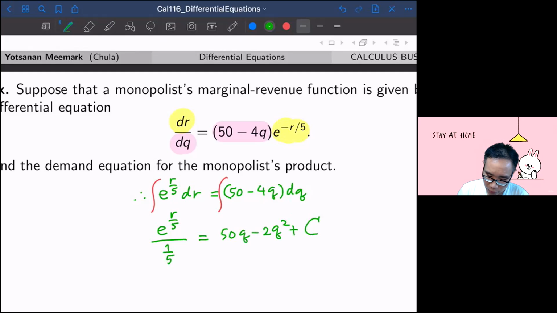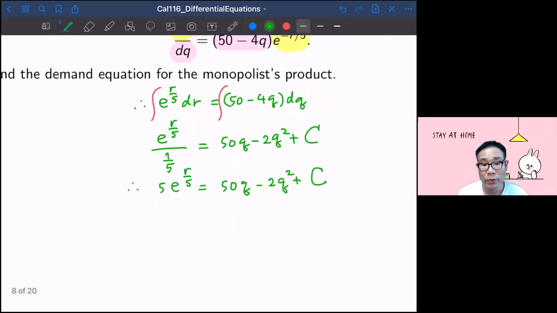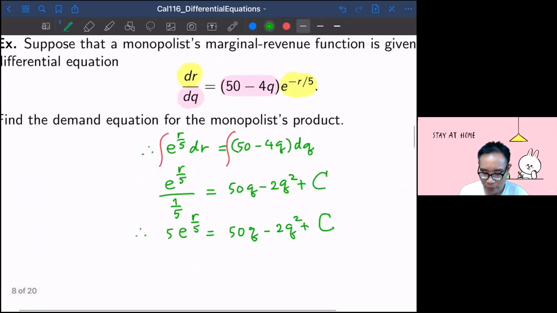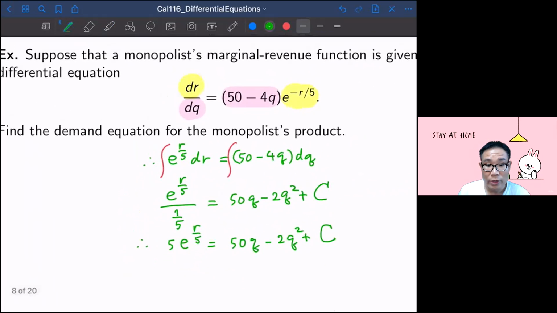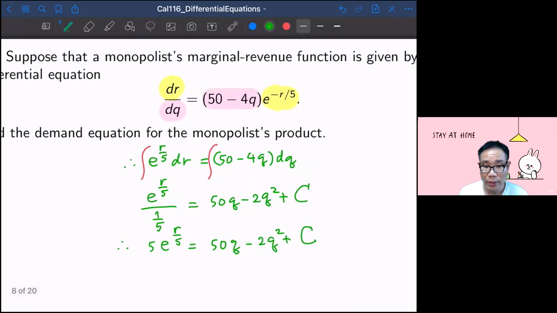Okay, so this will allow you to have 5 e to the r over 5 equal to 50q minus 2q squared plus c. Okay, so this one will be your final answer. This one is to find the demand equation for the monopolist's products. So that will be the demand equation that you have by solving this differential equation.